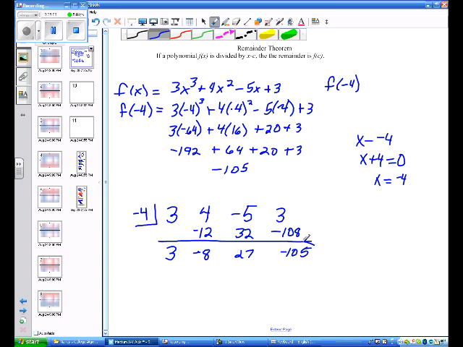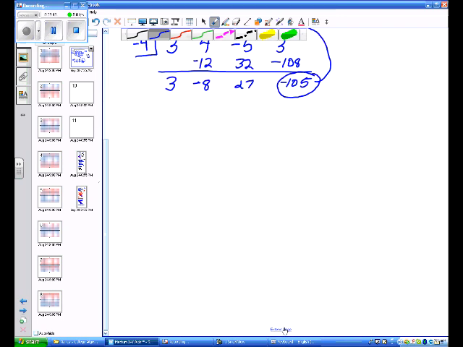Wow, our remainder was the same answer we would have gotten as if we had substituted that number into our function. And this was sure a lot easier than doing all of this work. So that's our remainder theorem, that if you are trying to evaluate a function at a specific number, then what you can do instead is divide it by that number, and whatever your remainder is, is the same answer you would have gotten by plugging in. So let's look at another problem that way.